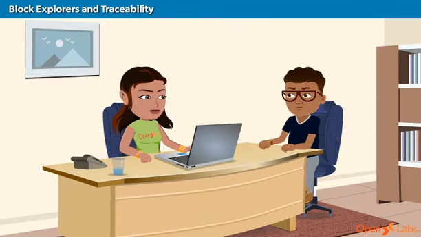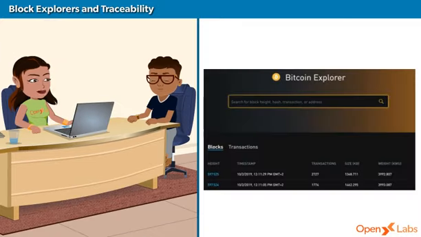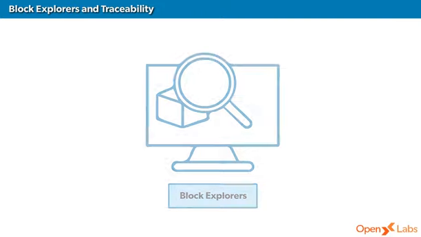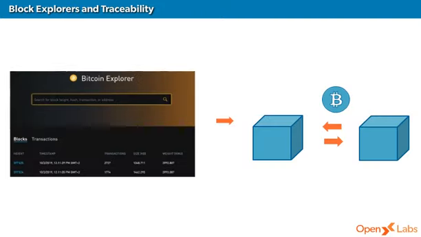As a result, there are many options for block explorers like the one displayed, but with slightly different functionalities. At their core, block explorers are like browsers for the blockchain. With a Bitcoin Explorer, you can investigate the transactions within blocks.